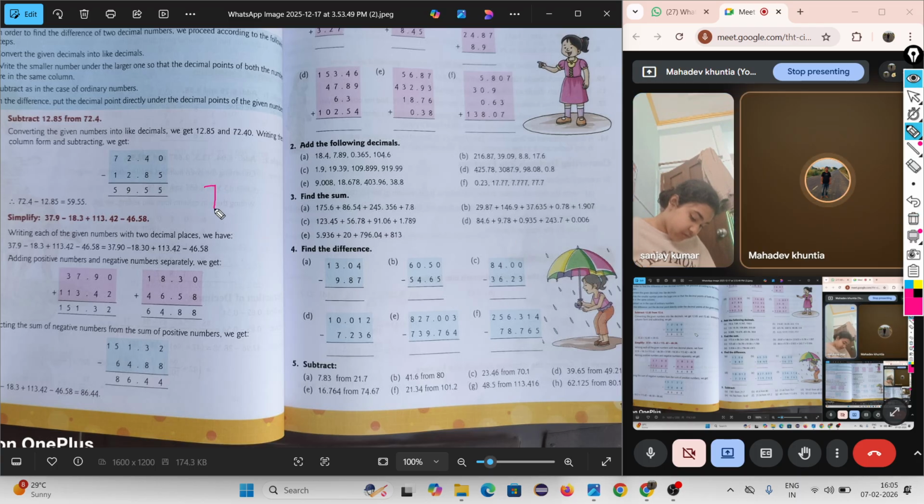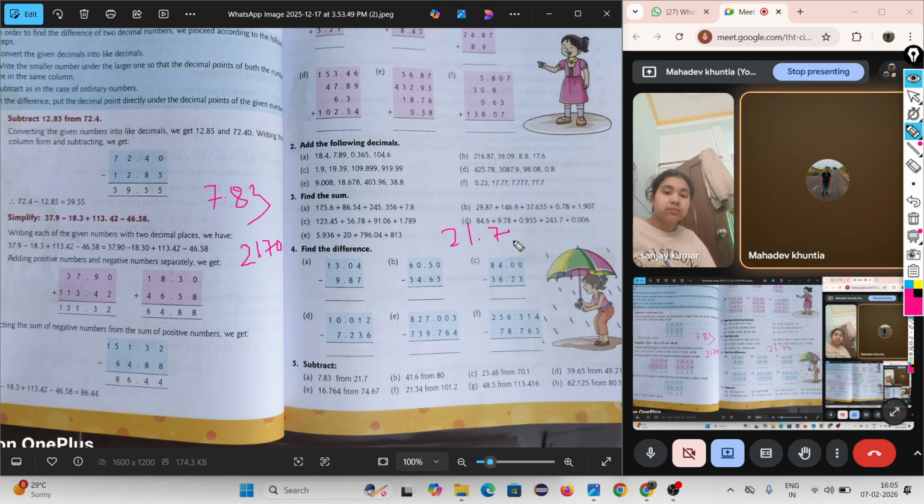After converting, which one is larger? 21.70. Yes, so you write 21.70 first, then write 7.83 and subtract them. Always remember, the decimal on the right side of the minus sign is always smaller than the decimal on the left side.